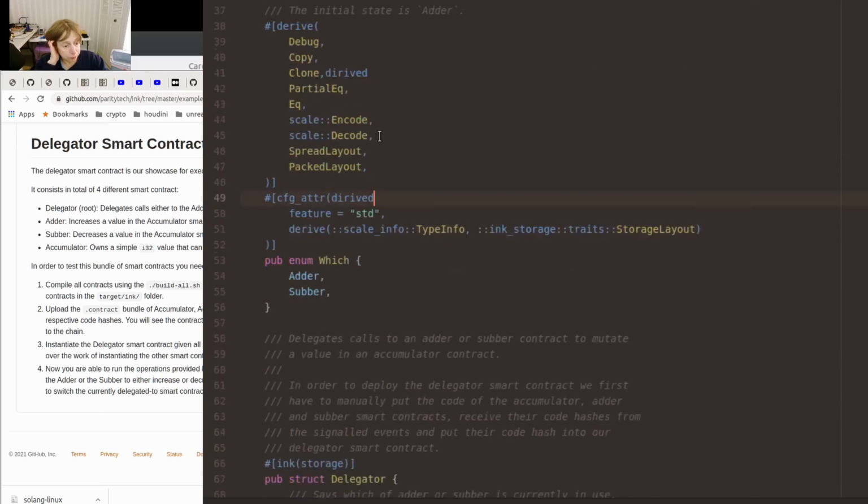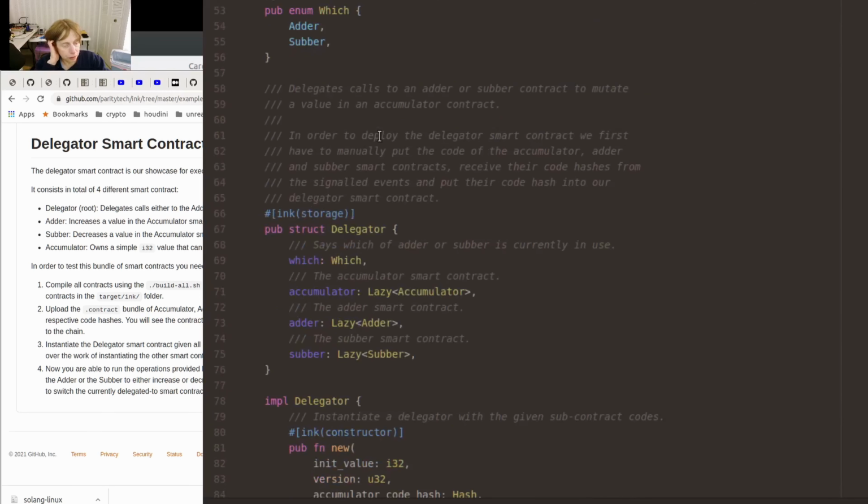And then when you get into the storage definition, it has a value for accumulate. It says we're going to have for this accumulator, adder, and subber.